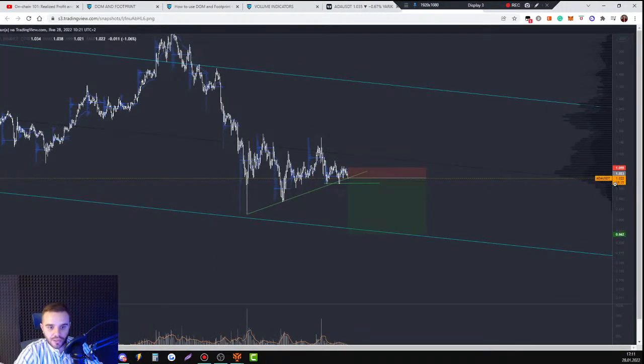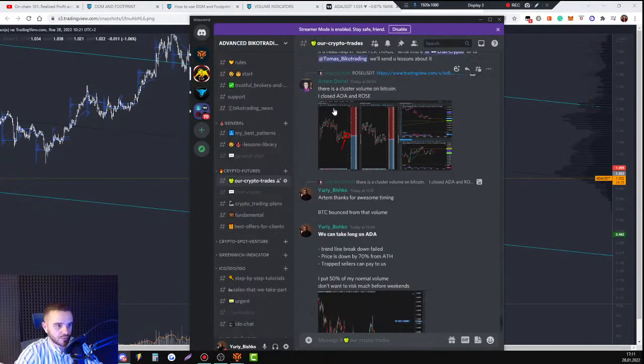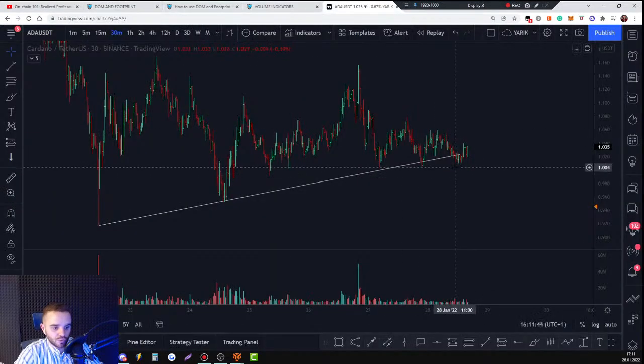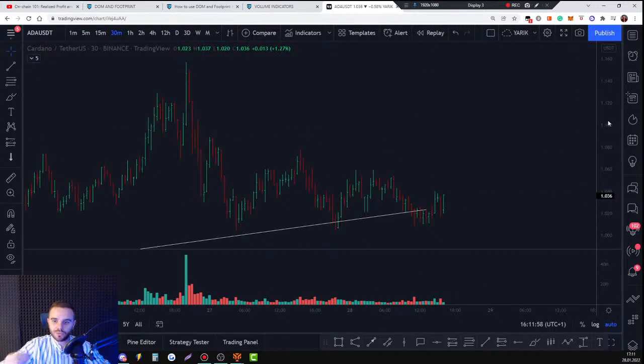He sent a trade for short when ADA was at 1.022, and after, take a look, what time it was when he told us to close it. It was 14:04 here, in the middle of this range. He wrote to the community to close short exactly before this green spike. That's how DOM and footprint will help you make trade decisions.